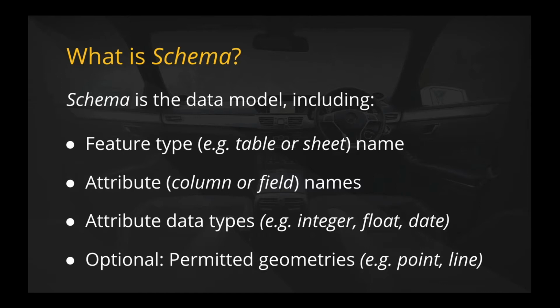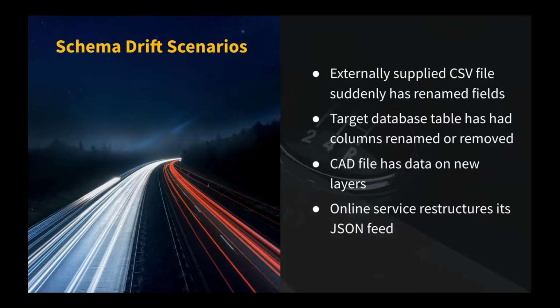If you've worked with FME before, you've likely heard some of these terms listed here: feature type, attribute, attribute data types, and geometries like points or lines. These terms all have analogs in the world of data models. Feature types could be things like table names or sheet names. Attributes are column or field names. Attribute data types could be things like integer or float or date.